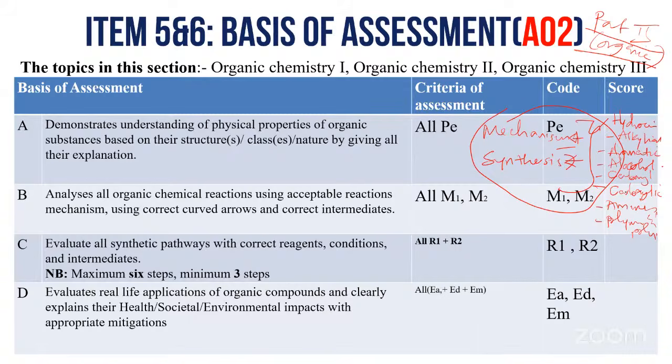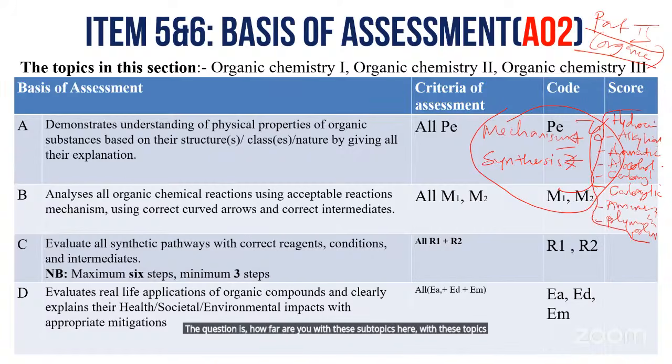Now, the question is, how far are you with these subtopics, with these topics here? Because all these are the ones they have put under organic 1, organic 2, and organic 3.